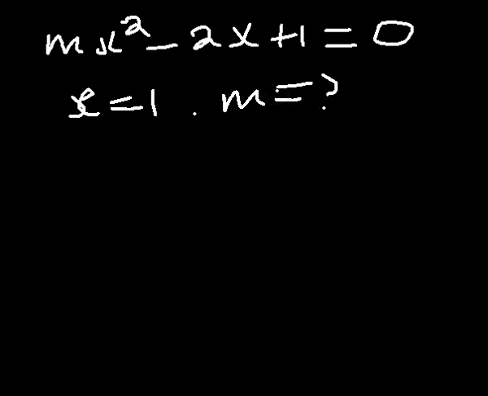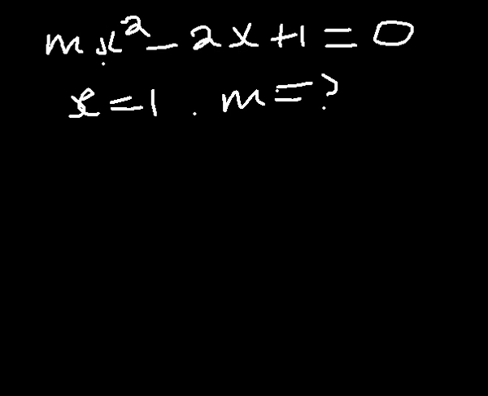Assuming that x is equal to 1 is the root for this equation, find the value of m. So if 1 is said to be the solution for this problem, it means that if we substitute it, whatever we have on this side will be the same as that side. So it is a true solution for all.